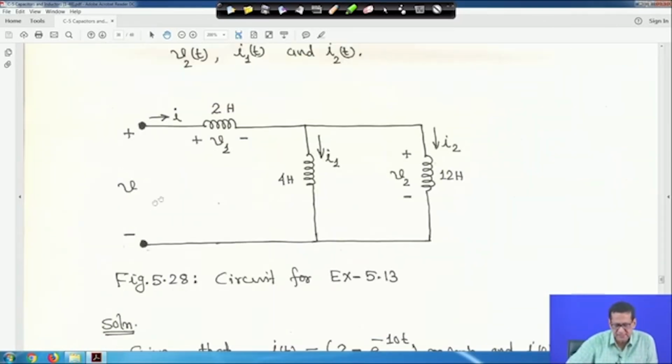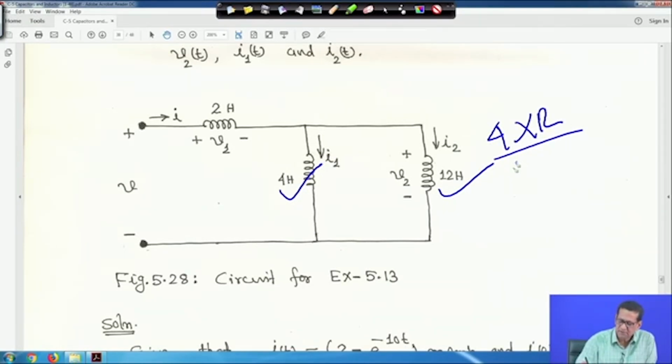So, the circuit is given, and 2 inductors are there in parallel. These 2 inductors are in parallel, which means the equivalent inductance will be 4 into 12 divided by 4 plus 12, so it will be 3 Henry, and then 2 Henry is in series.